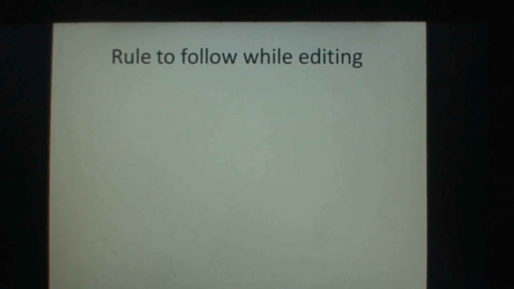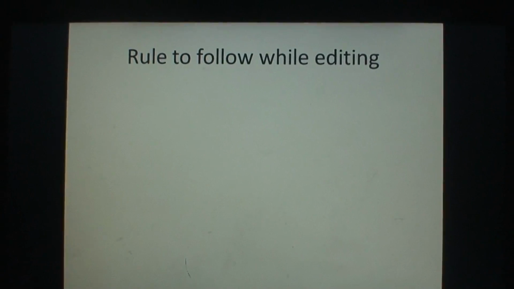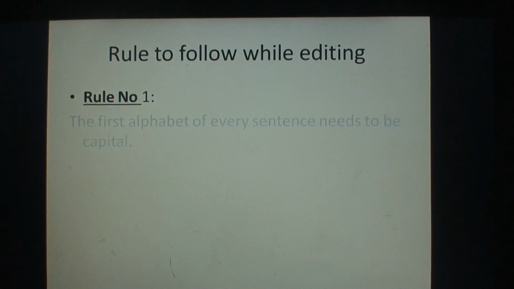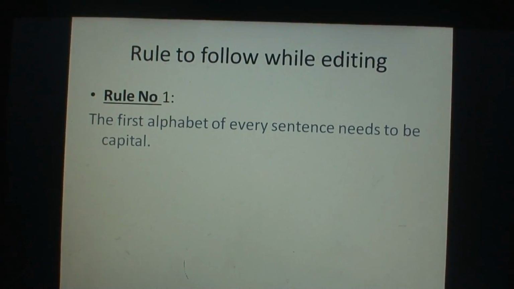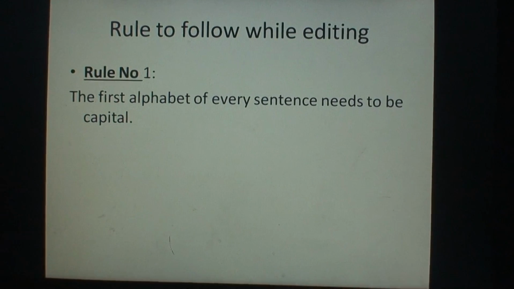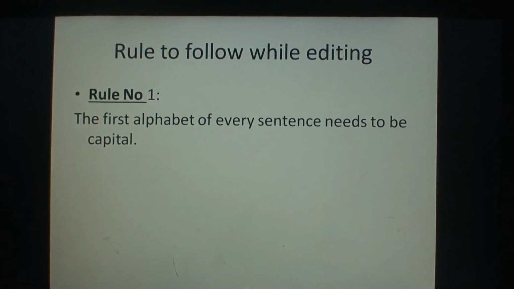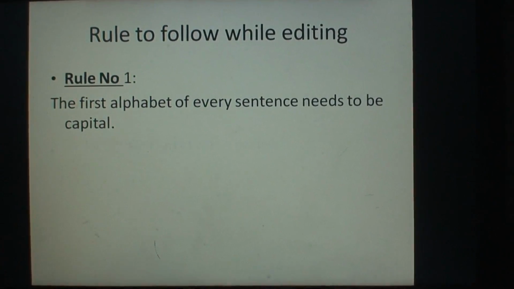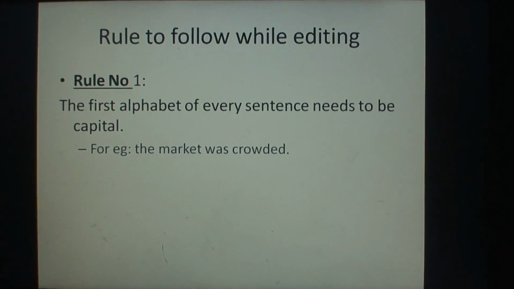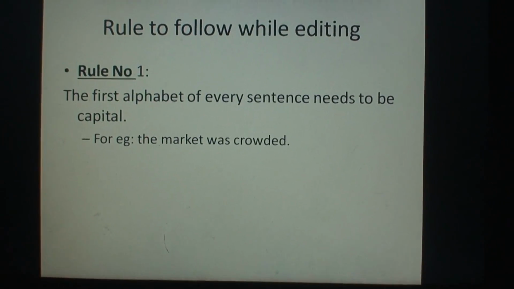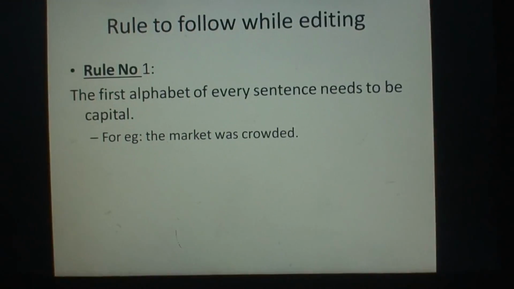Now, while editing, we have certain rules to be followed. What are those rules? Rule number 1. The first alphabet of every sentence needs to be capital. We need to begin our sentence with a capital letter. See this sentence, the market was crowded. There is a mistake in the sentence.